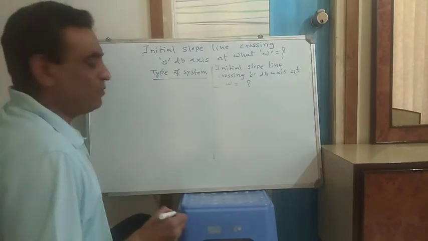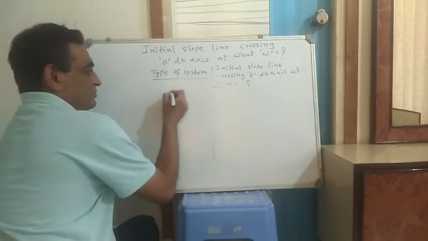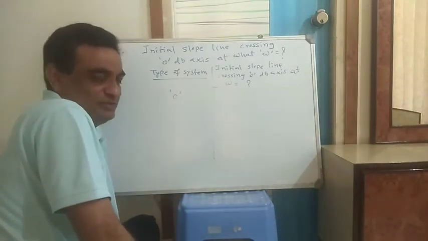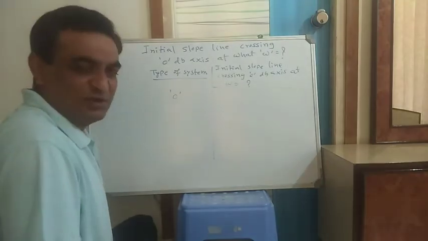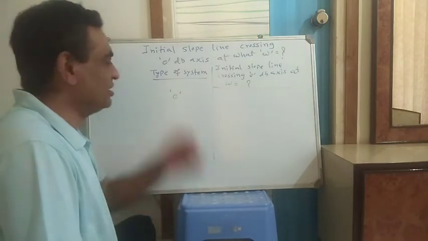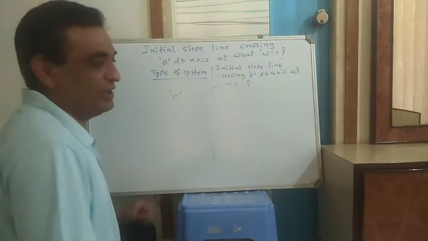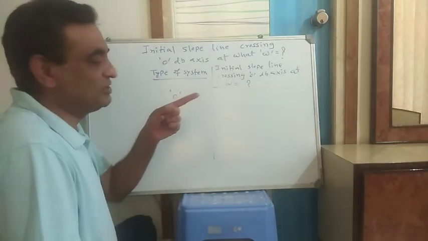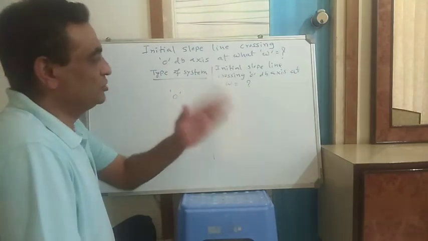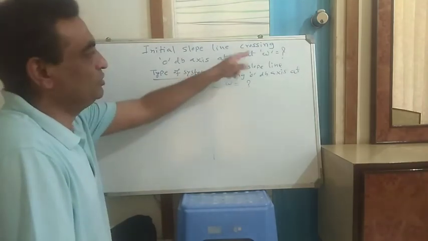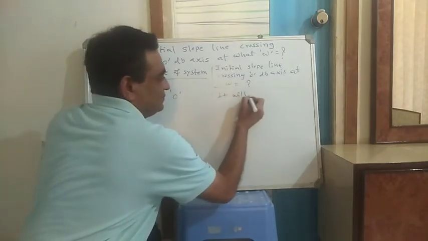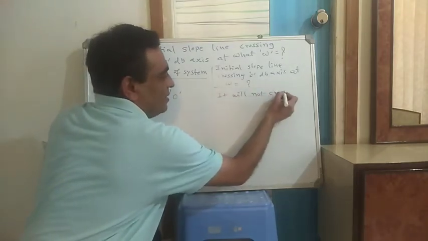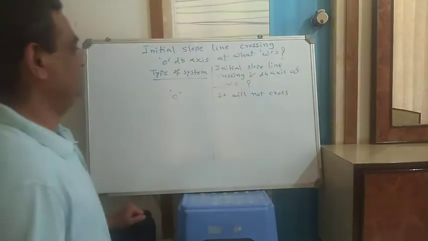If the type of the system is type 0, there is no pole at origin and no zero at origin, then we know that the initial slope line is parallel, so it will not cross the 0 dB axis, because parallel lines don't cross each other.